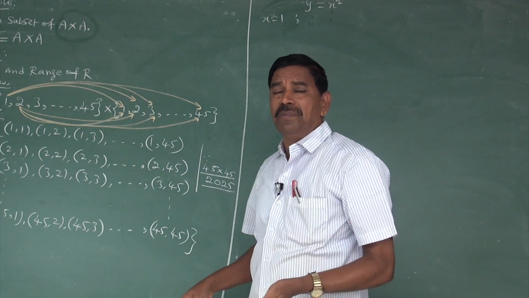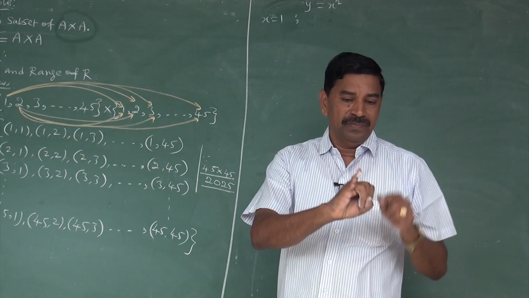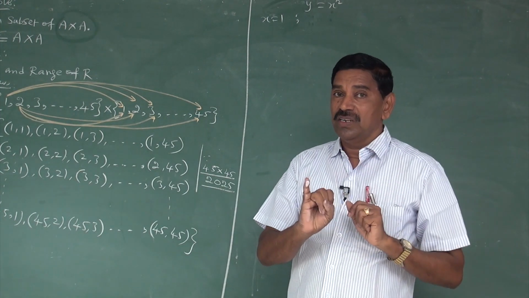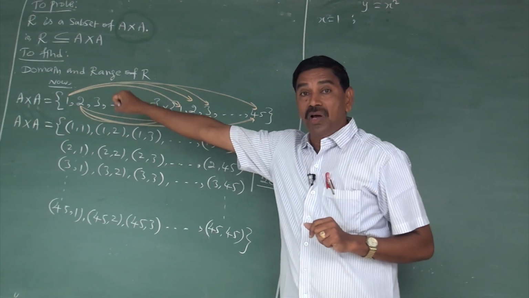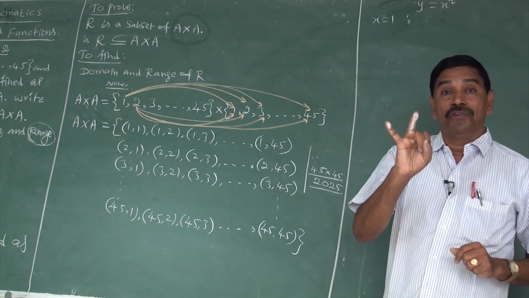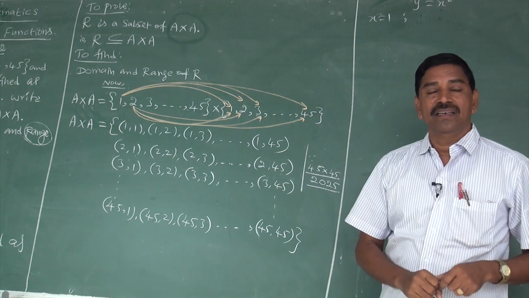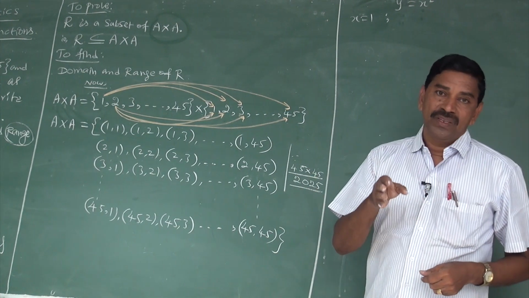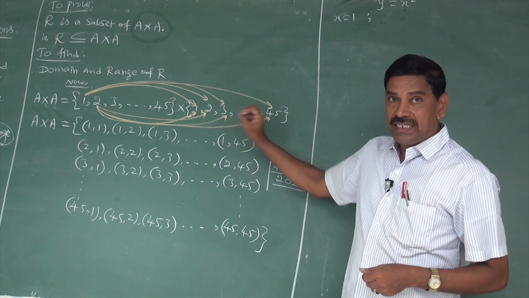Okay, first let us prepare. Can you tell me, square of 1 is 1. Very good. Whether 1 belongs to A set or not? Yes, belongs to A set. Okay. Square of 2 is good, 4. Yes, 4 belongs to the A set. Next. Square of 3 is anyone? 9. So 9 belongs to A set.